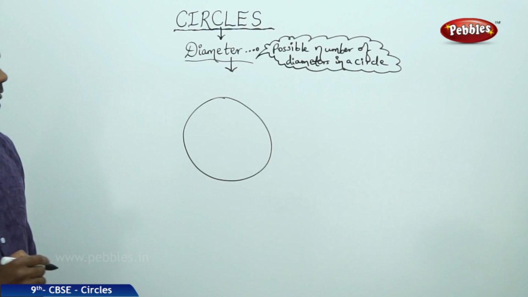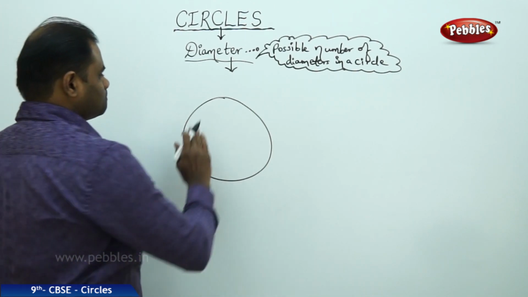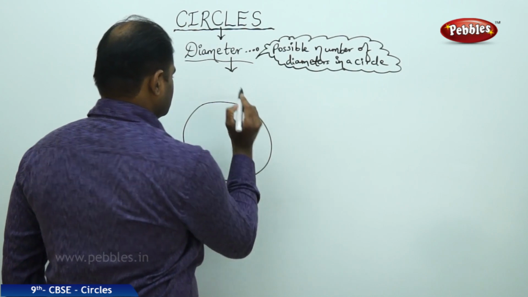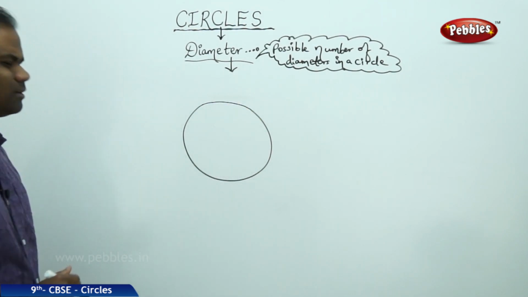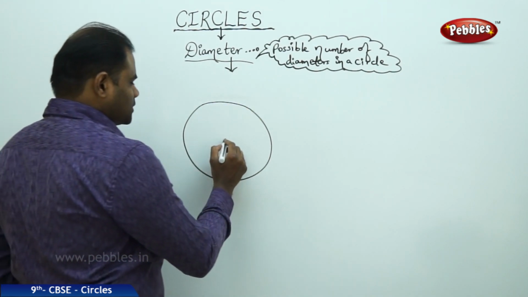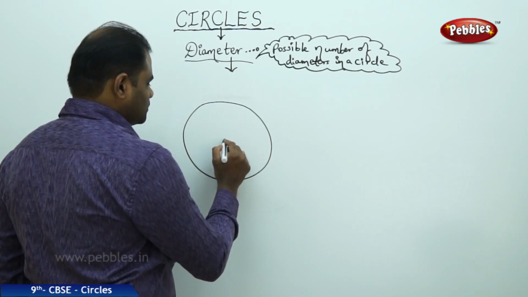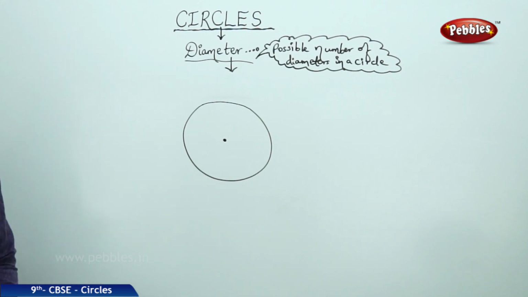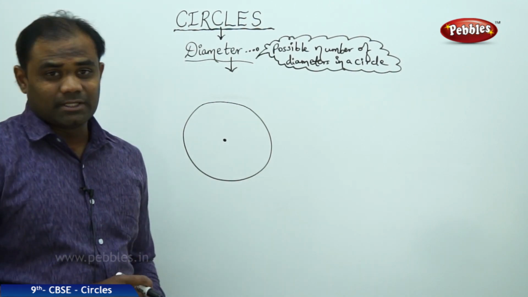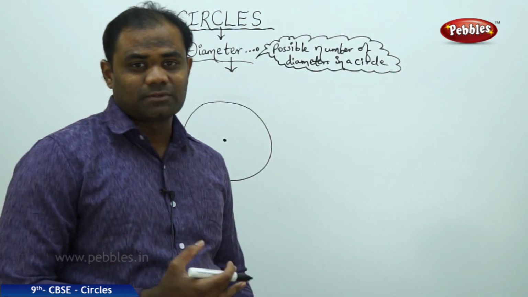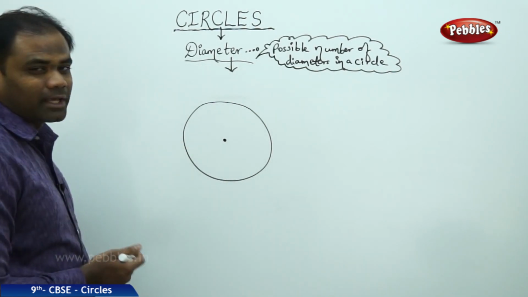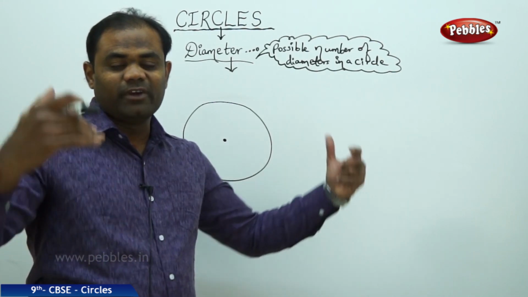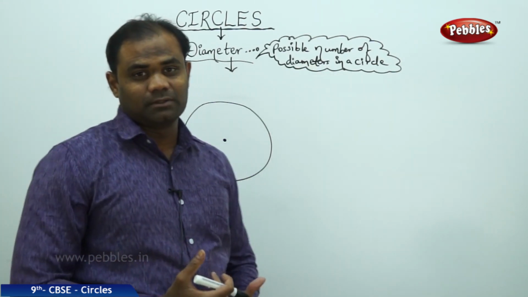I have a circle. Now let's say the center of this circle is here. Now as we know that diameter is a chord passing through the center of the circle, therefore let's take the different possible chords which pass through the center from various different directions of the circle.